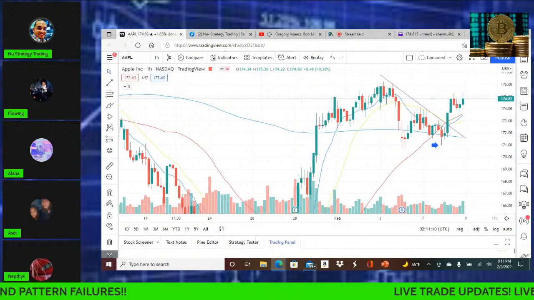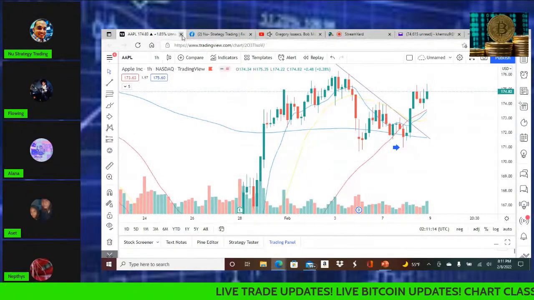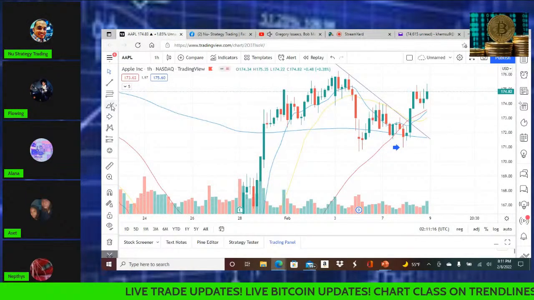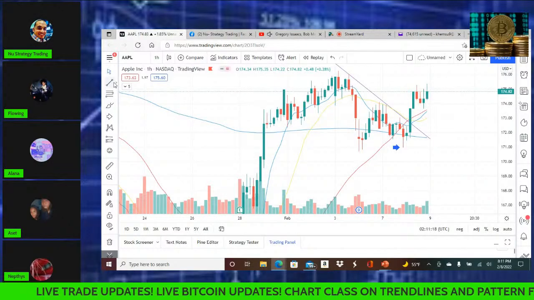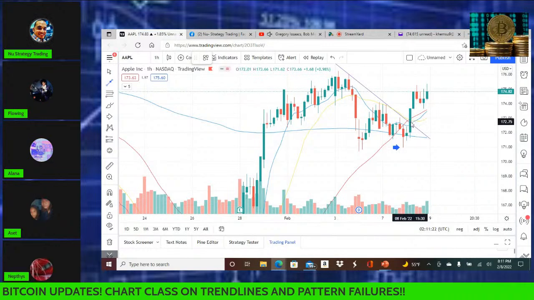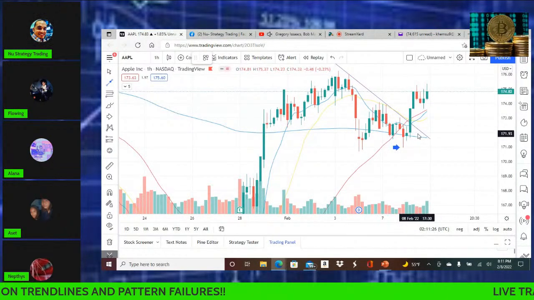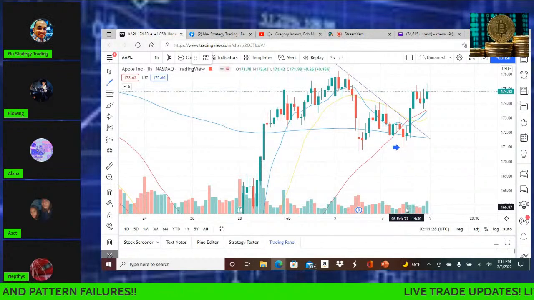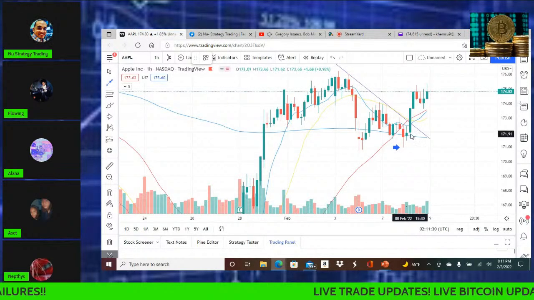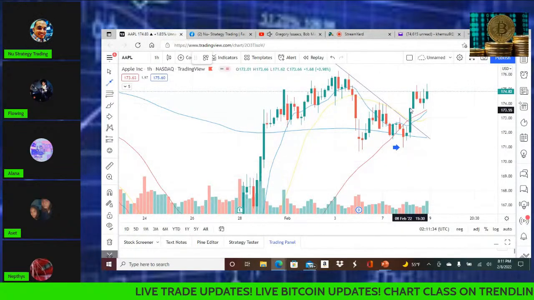So what this means, guys, let me explain to you the power of these green bars. This big green bar is a very powerful bar. It broke that trend line. It gave you big volume, which is the amount of institutions buying. And it closed at the top of the day. That's the most powerful bar you can get, pretty much.